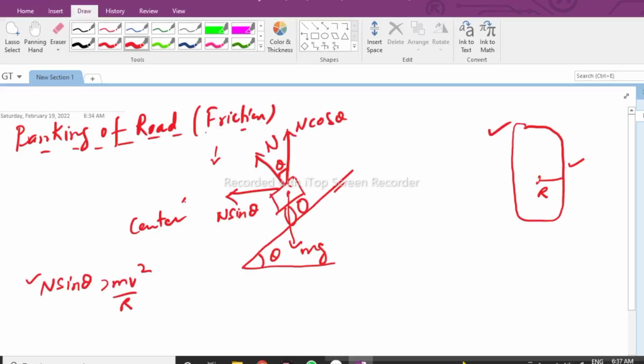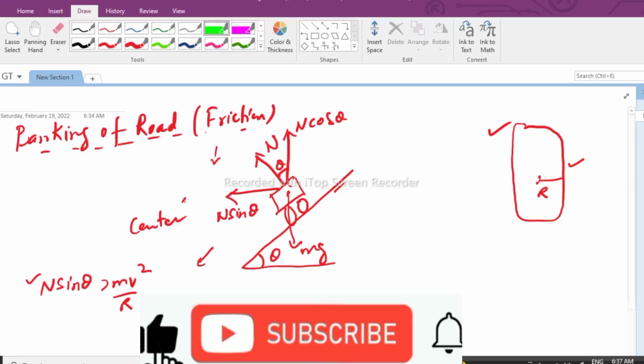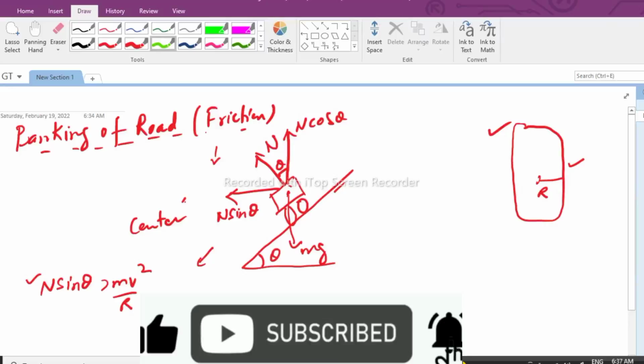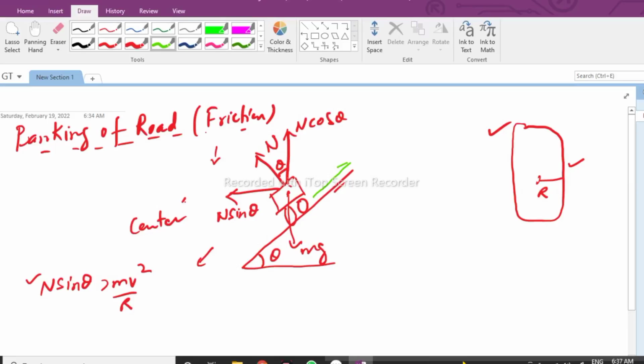So if I take this possibility, the vehicle will have a tendency to move down the plane. So in that situation, the friction will be acting upwards. Again, because this is theta, this also has theta, so friction also will have two components, F cos theta and F sin theta.